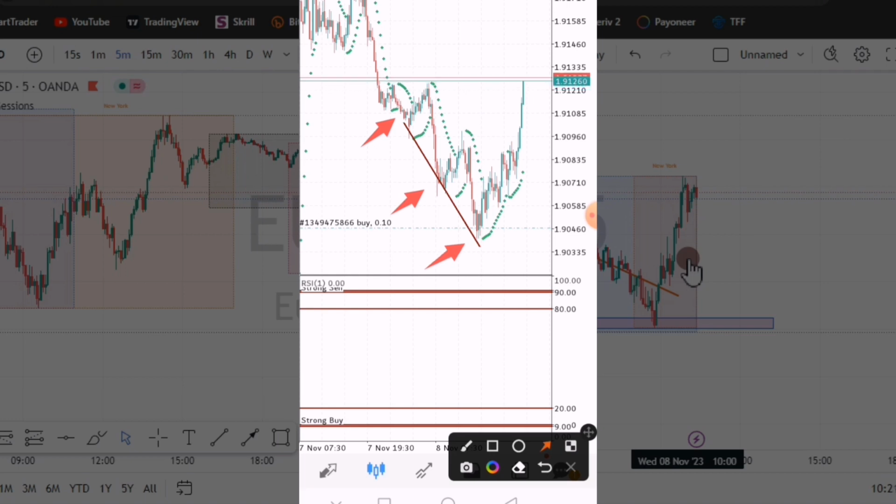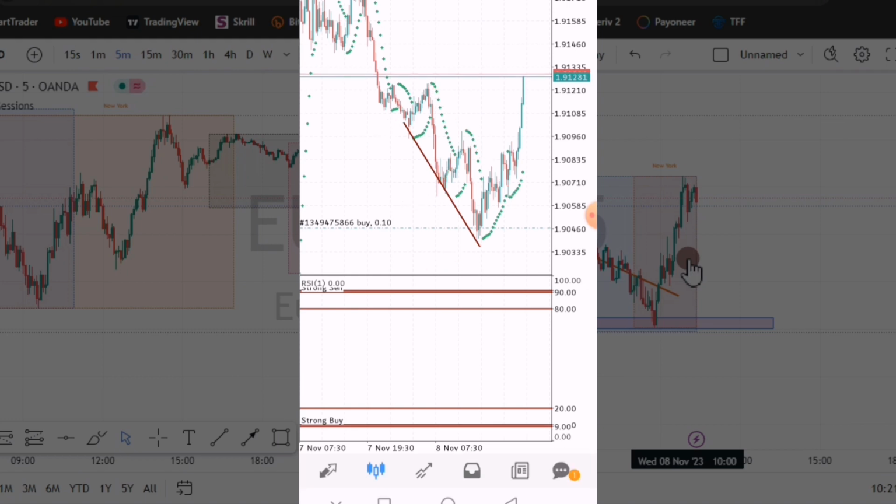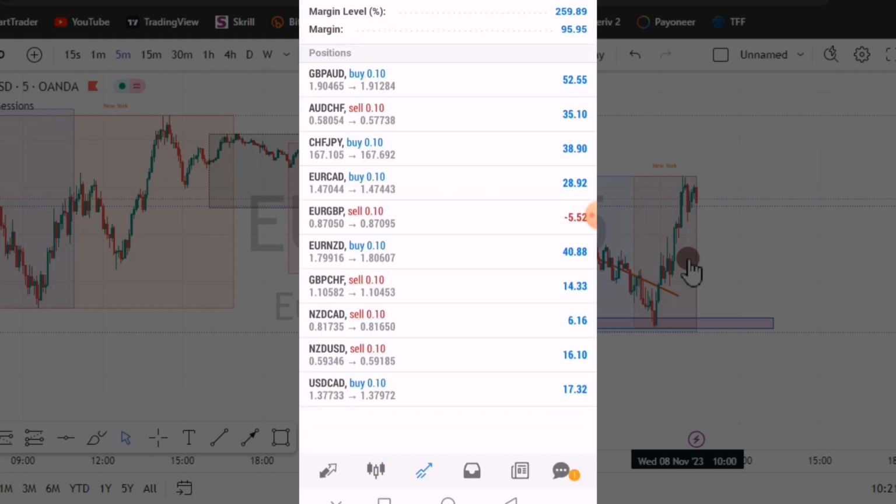So when price got there, I entered a buy trade, knowing that price was going to pull up. After noticing that price broke through this channel, I continued to hold the trade. Of course, there are other things that I looked at which made me continue holding.